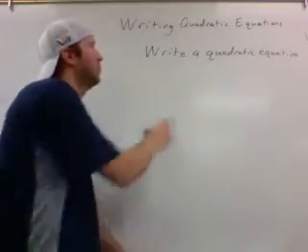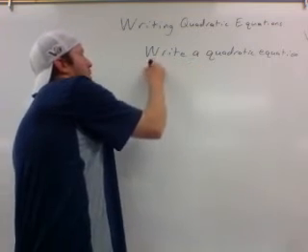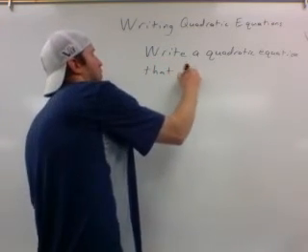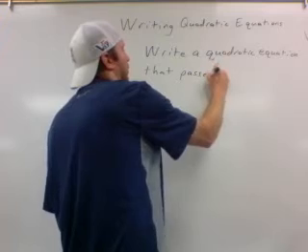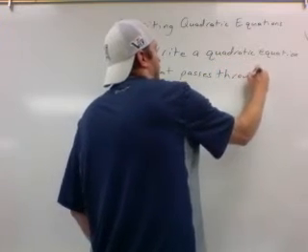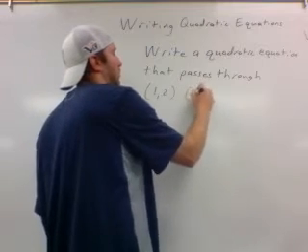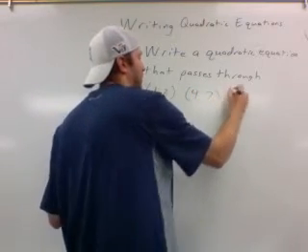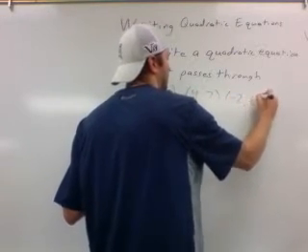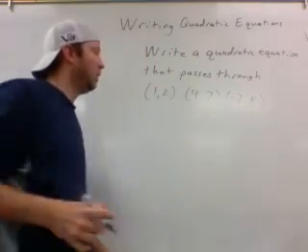All right, last example, write a quadratic equation that passes through (1, 2), (4, 7), (negative 2, 8). All right.